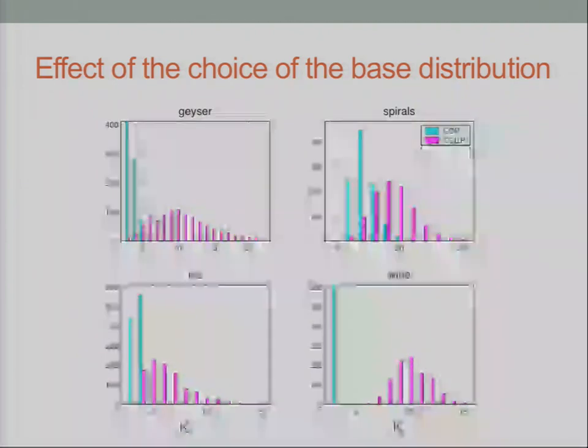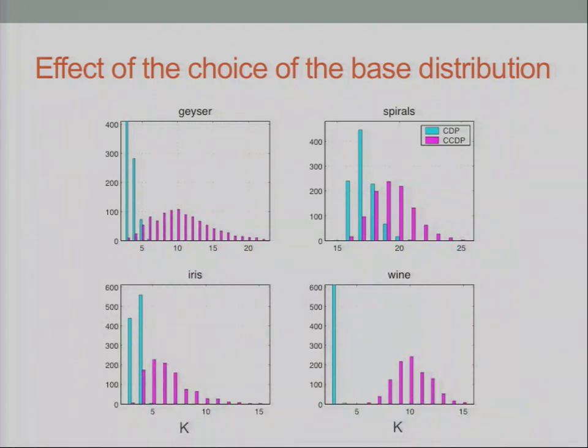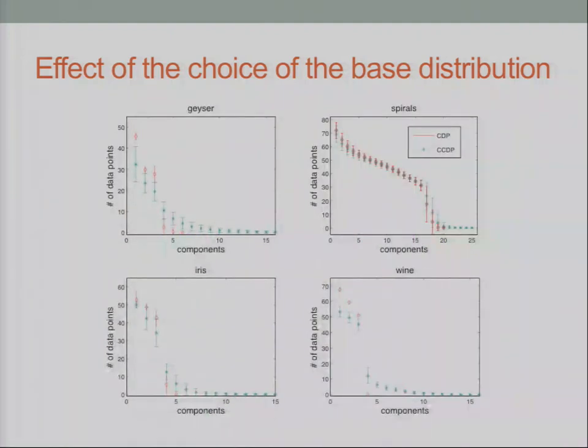Everything about these models was the same, all the parameter settings, hyperparameter settings, etc., except for the form of the prior distributions, form of the base distribution, basically. So you can see that there's a big difference between assuming a conjugate versus non-conjugate. And this is basically showing the number of data points assigned to each of these components. So there's a clear difference between that too.